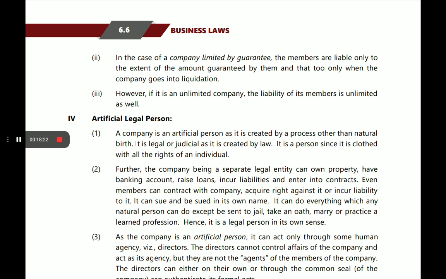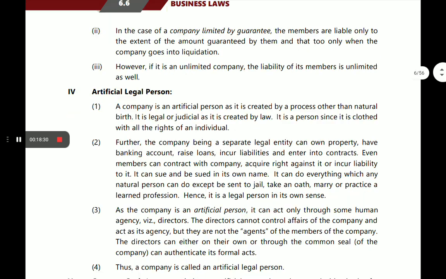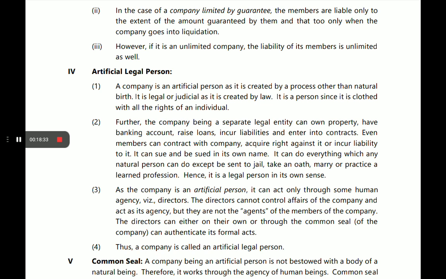It is a person since it is clothed with all the rights of an individual. Further, the company being a separate legal entity can own property, have a bank account, raise loans, incur liabilities and enter into contracts.